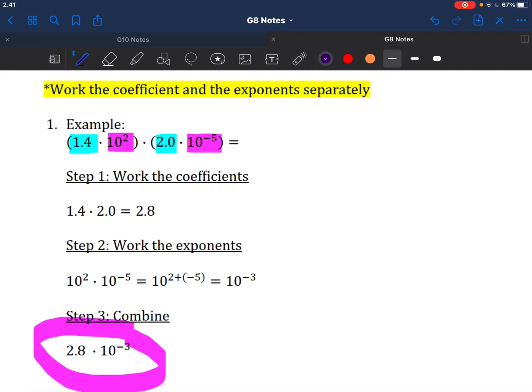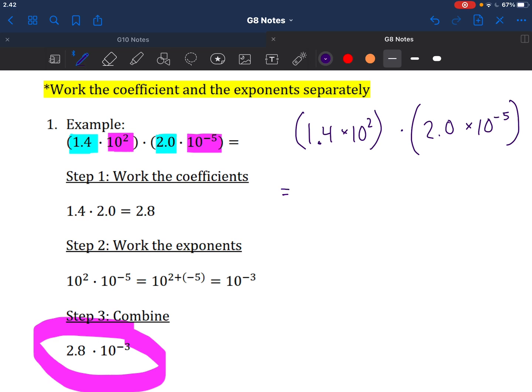For example, if we have 1.4 times 10 to the power of 2, then we're going to multiply it by 2.0, or just 2, times 10 to the power of negative 5. How do we do that? Previously, you guys have done it by turning all of the scientific notations into standard form. But I have a shortcut for you. So think about it like this. This is all multiplication here. You could just drop the parentheses.